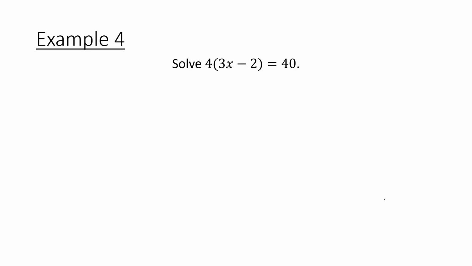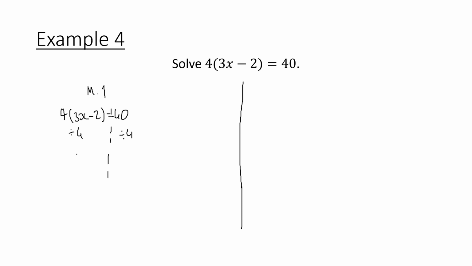Another example, solve 4 and then brackets 3x minus 2 is equal to 40. So again, I'm going to do both methods. So method 1, we've got 4 and then 3x minus 2 is equal to 40. First thing you're going to do is divide both sides by 4.